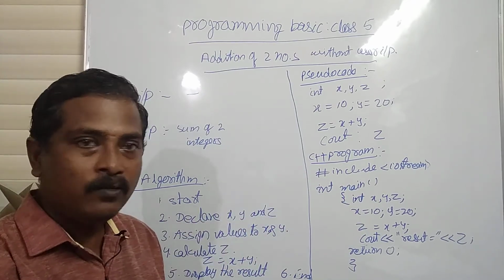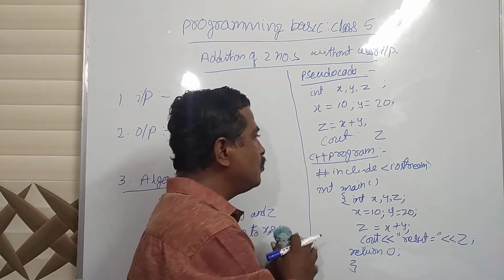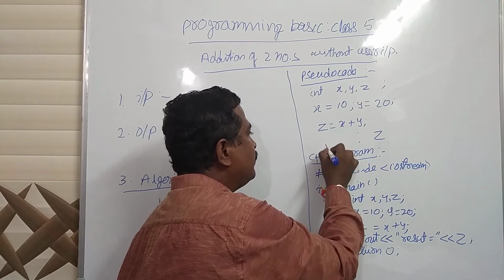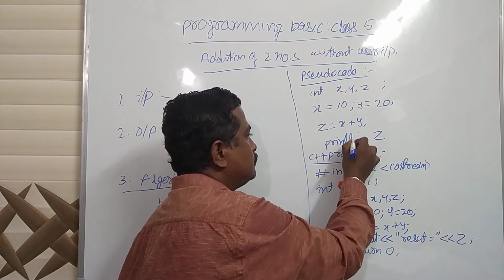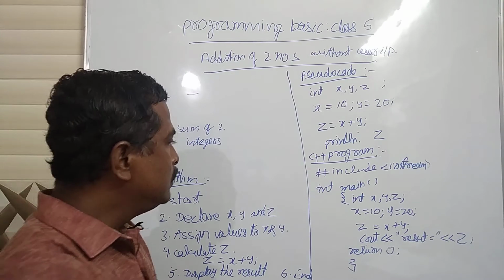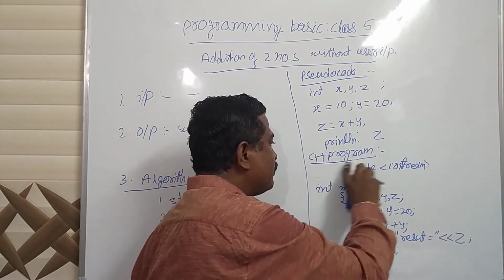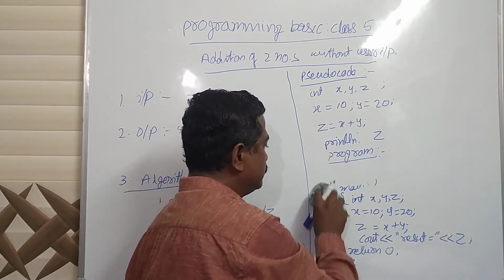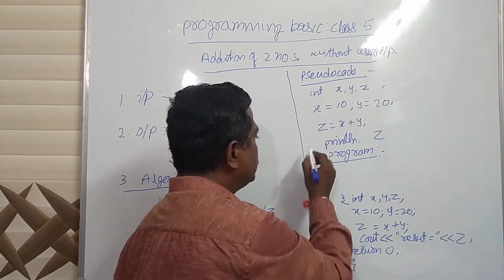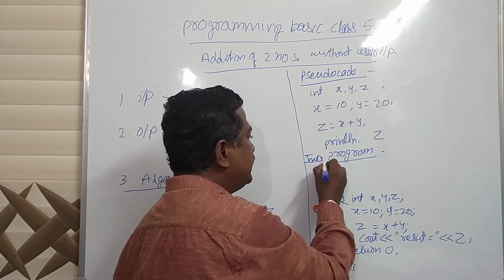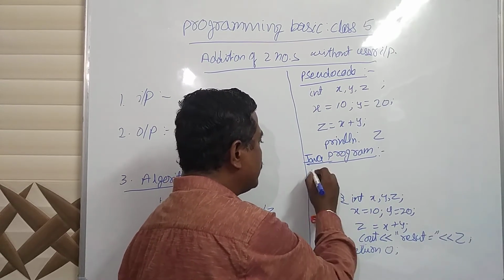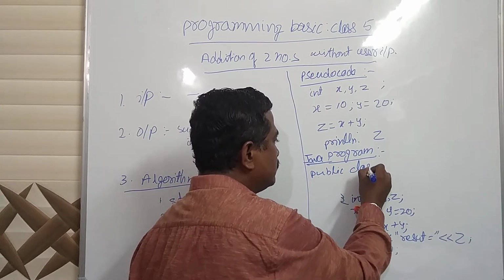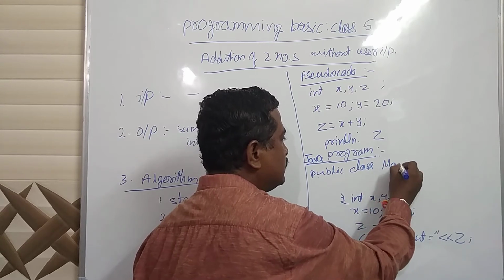Now Java. Okay, in Java the pseudocode will be the same. Only the printf statement will be println. So here we put the format of Java. So it is a Java program. As I discussed in the last program, the format of a Java program is public class, any name whose first character is a capital letter.